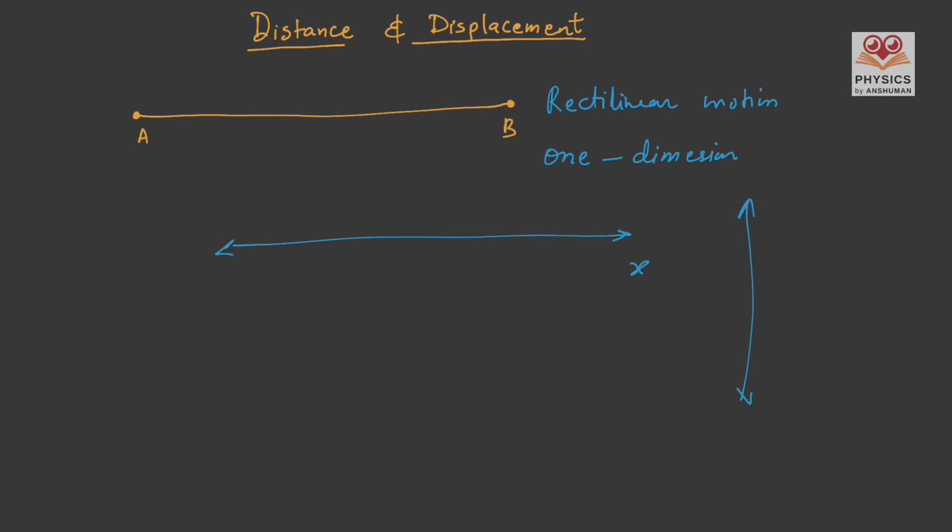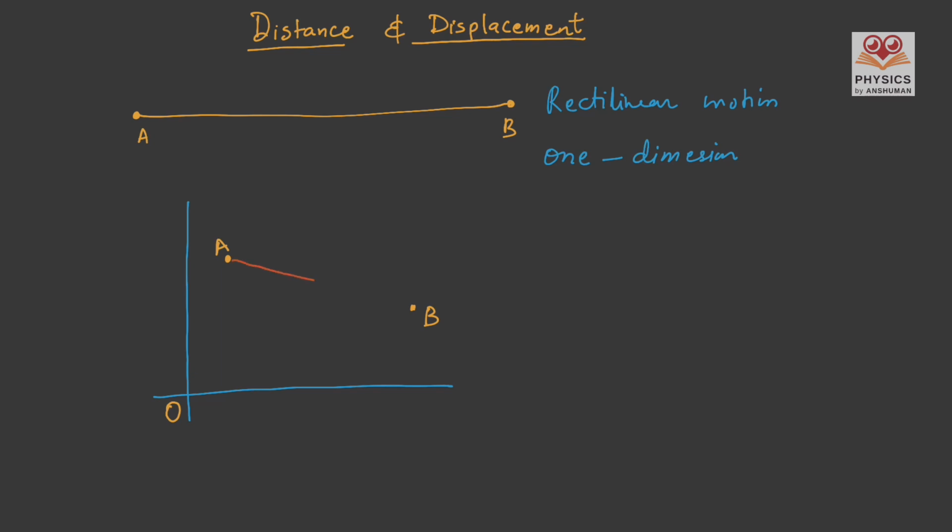Now think about a scenario in which the object is on this screen that you are watching. So the object is right here. Suppose this is your point A, and we have one initial point or reference point O. Now suppose point B is there somewhere, and an object moves from point A to point B, either in a straight line or going somewhere in some direction and coming back to point B. Both kinds of paths suggest that the object is in two-dimensional motion.